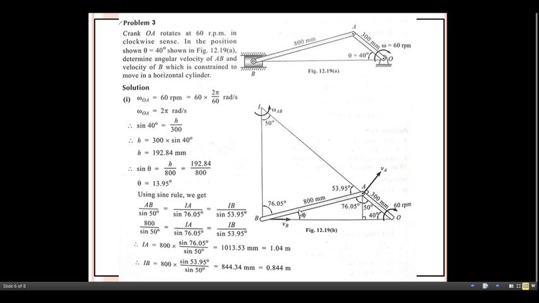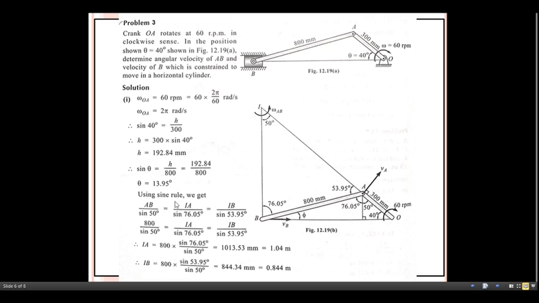If this one is 13.95, then this must be 90 minus theta, so we get 76.05. This angle is already 50 degrees and this one is 76.05. This angle must be 180 minus the sum of both angles, so we get 53.95. In this way you can get all the angles.